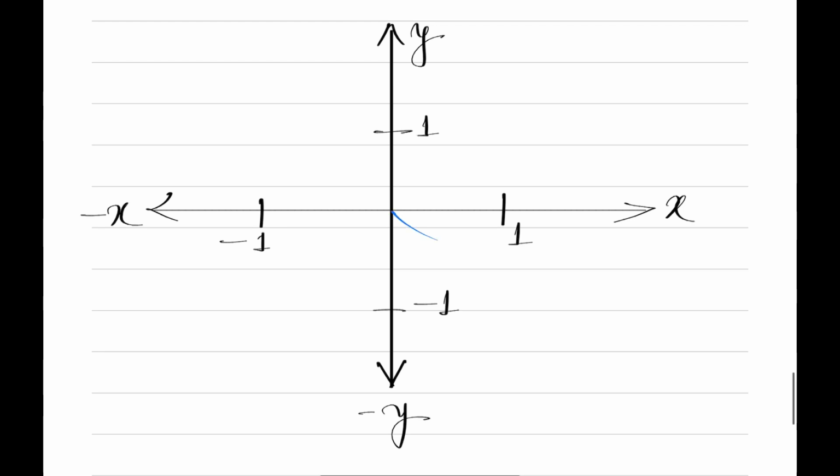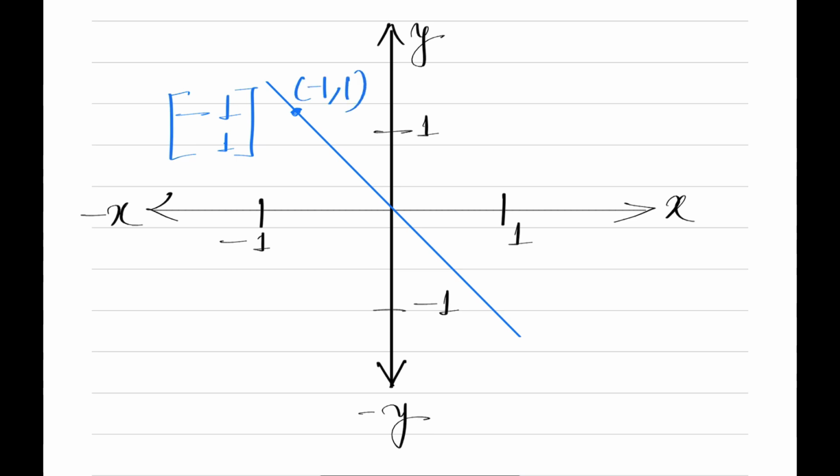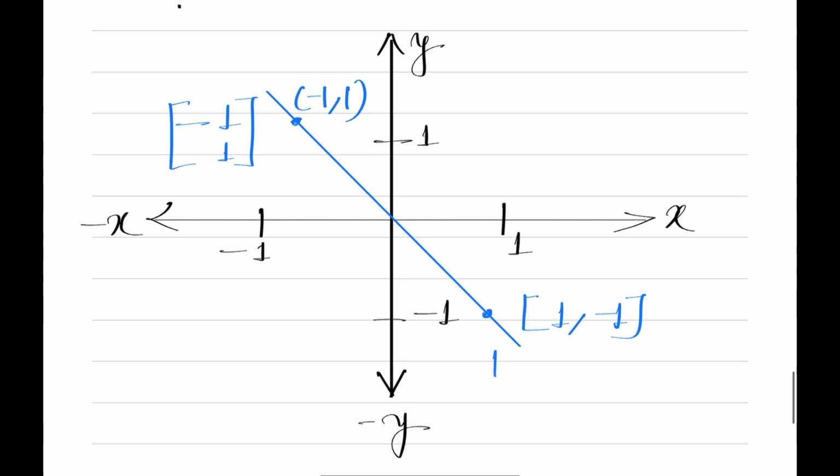Now clearly we will see, we will take a line, and what does our vector represent: minus 1 and 1, and this will be 1 and minus 1.